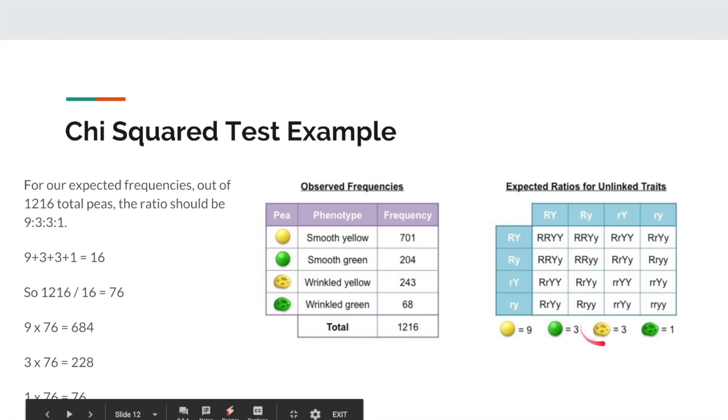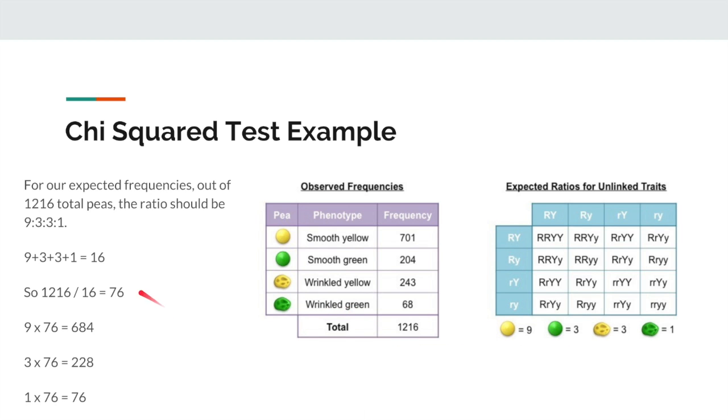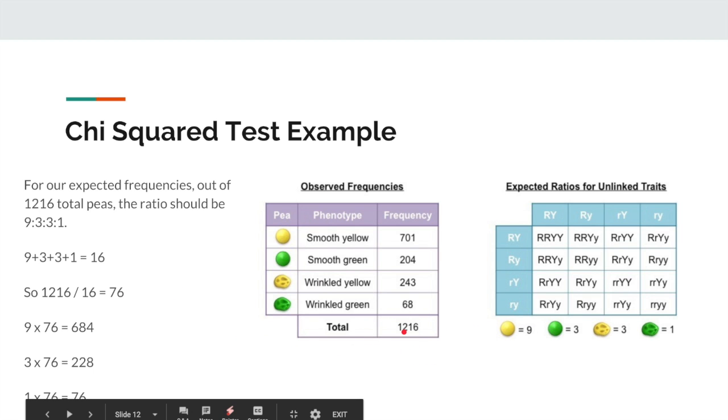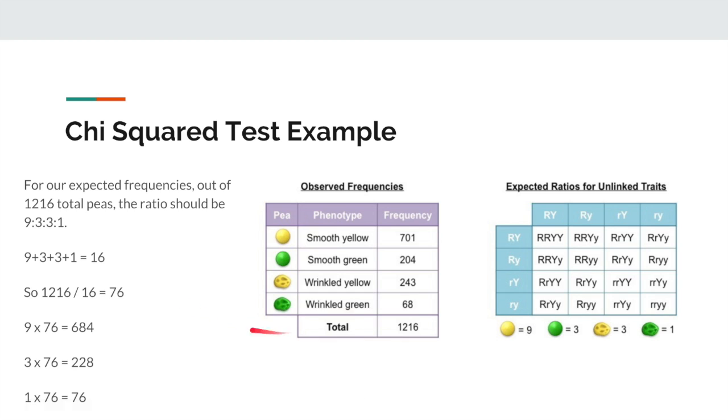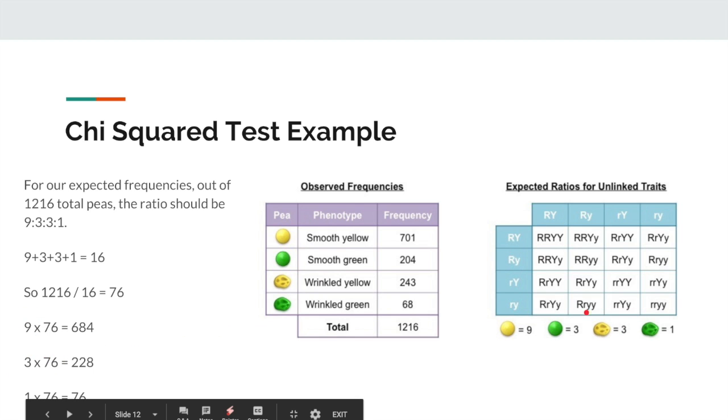Same thing for the yellow wrinkled, and then only 1 out of 16 should be the wrinkled green peas. So we just take the total and do the multiplication. You can divide the total by 16 first to get a standard number, and then multiply it by 9, by 3 for the 2 middle ones, and then by 1 for the last one.